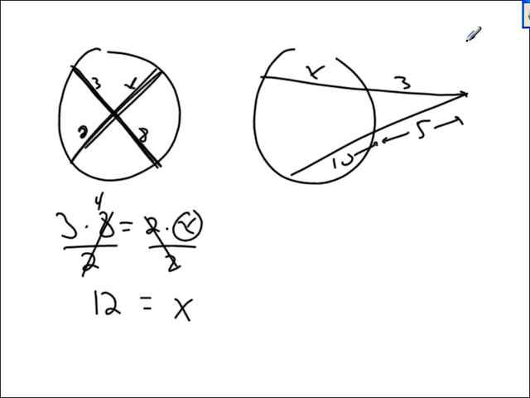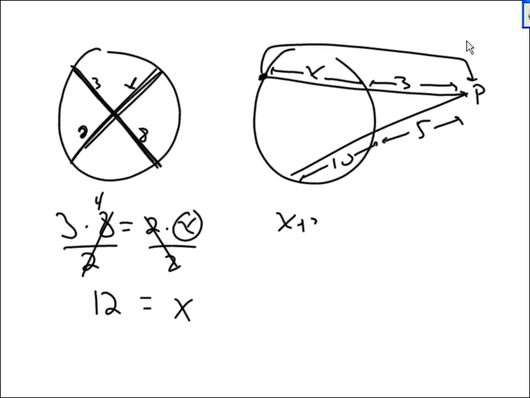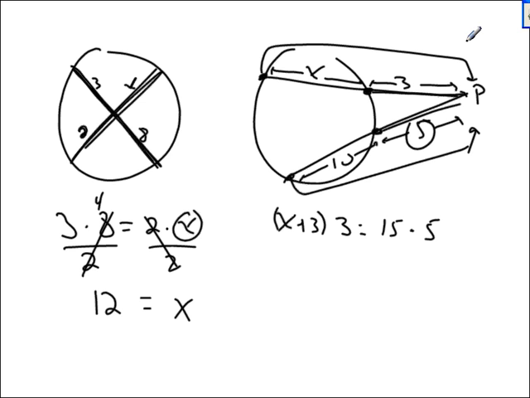That's 5, that's 10, that's x, and that's 3. So there's P. It's from here to P, which is x plus 3, times from here to P, which is 3, equals this point to P, which is 15, times this point to P, which is 5.